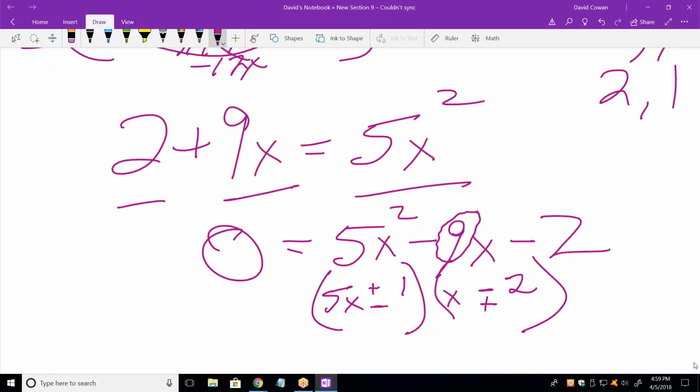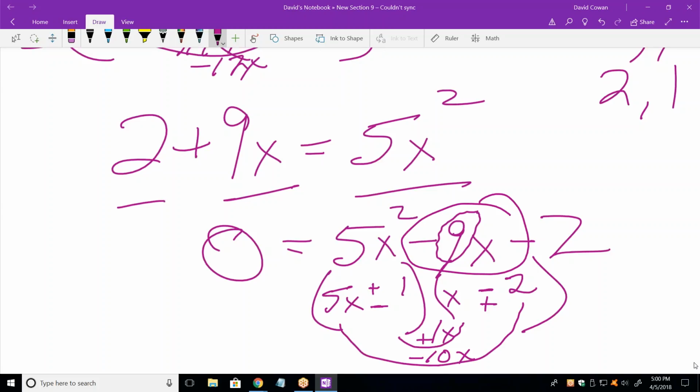I know that if I put the 2 on the left and the 1 on the right, I don't get anywhere near 9. To get to 9, I have to have the 2 multiplying the 5. And in fact, that is the correct answer. It gives you minus 9x.